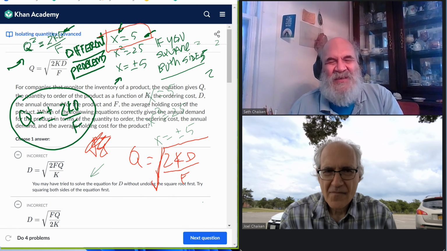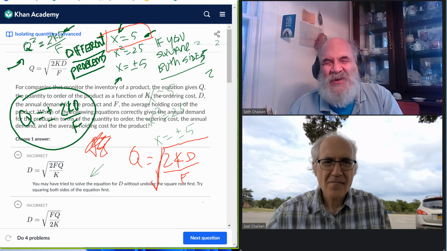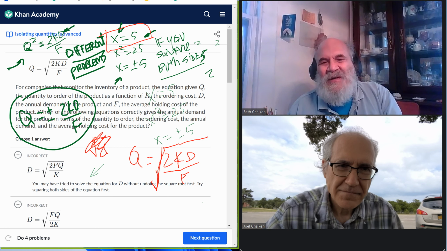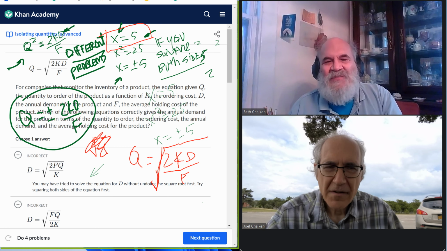There's no value, meaningless. So this is telling you what Q is in terms of the other ones. To find Q is a different problem from what we're given in this SAT question.